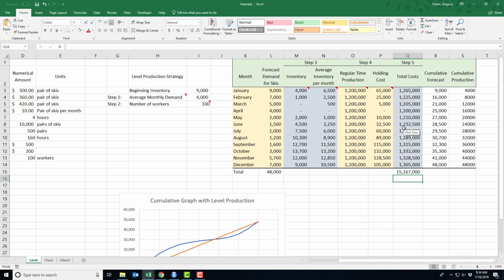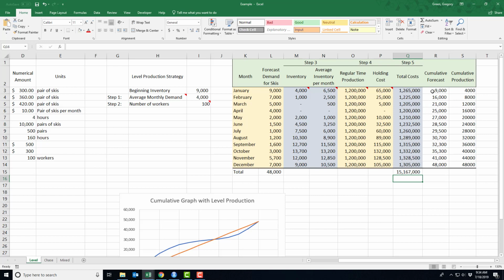That's a forecast. Now, whether everything goes to plan or not, that's not really the issue right now. Right now is a planning process. And given my demand of 48,000 pairs of skis, I will need to spend $15,167 in labor and holding costs for me to produce skis steadily. So hopefully that makes sense.